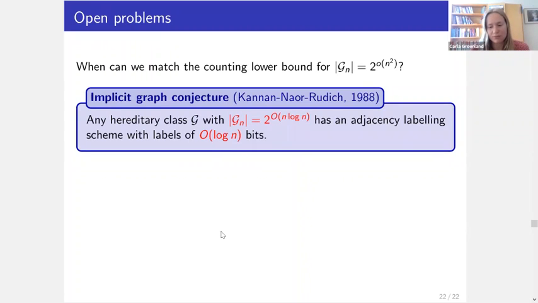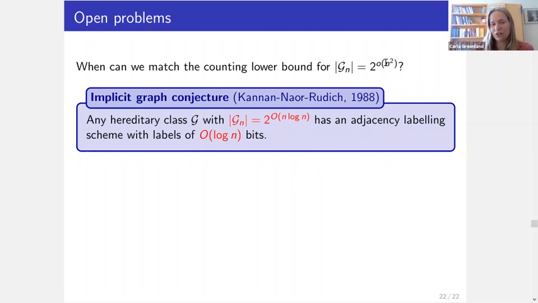So let me finally mention some open problems. So when I started off, we had this question of when can we match the counting lower bound? So we saw that we can match it for graph classes which have about 2 to the n squared elements. So what about if we have 2 to the little o of n squared?